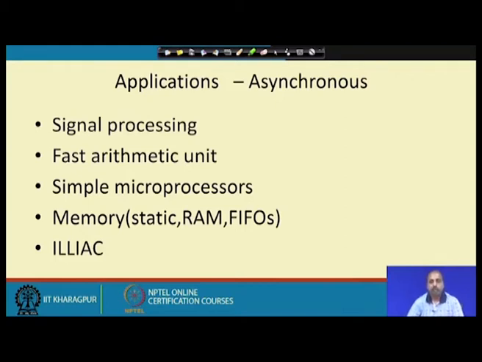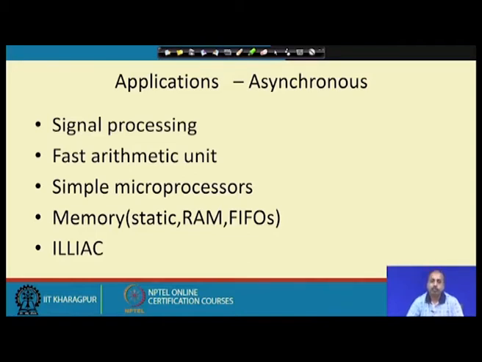One typical problem with synchronous circuits is that the speed of the circuit is bounded by the clock signal that you are feeding. If the clock frequency is not very high, you cannot do operations fast. I may have different components in my system, all synchronous sequential circuits.